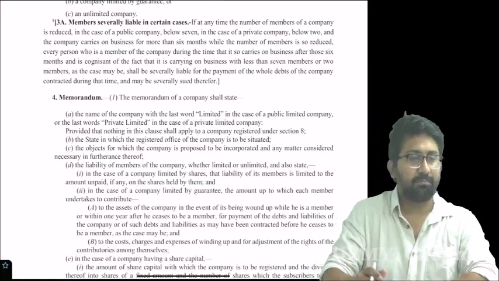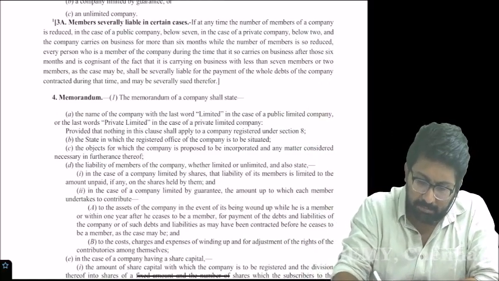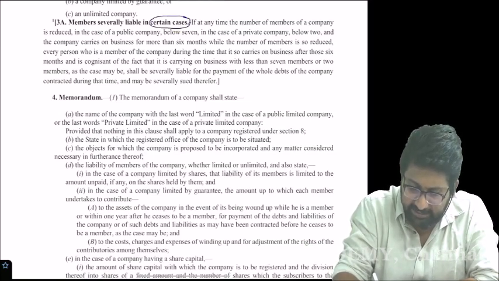See here, Section number 3A: Members severally liable in certain cases.